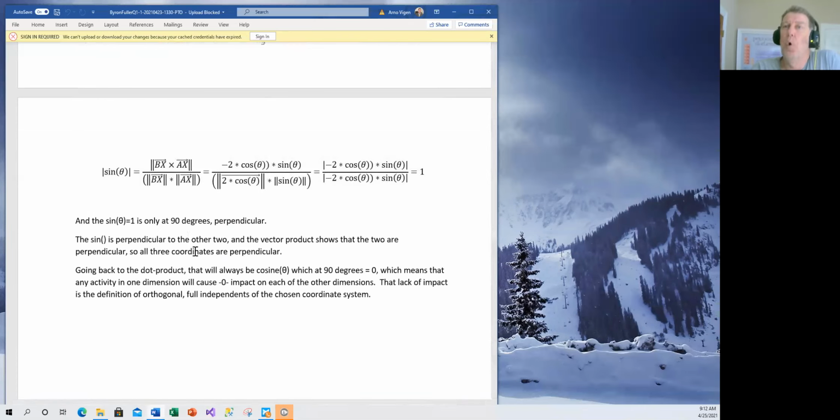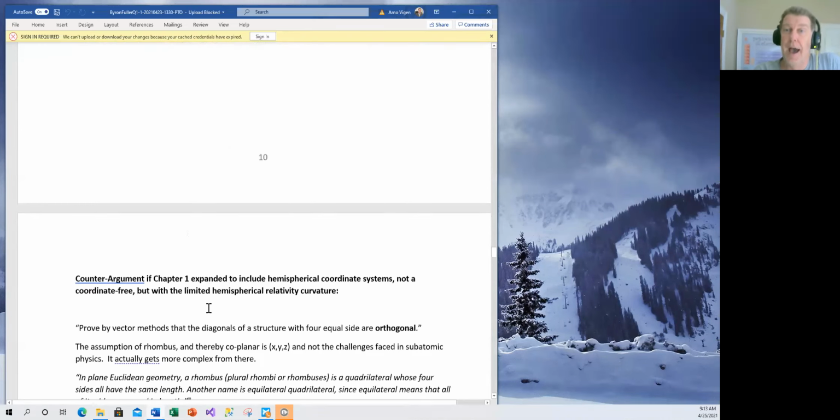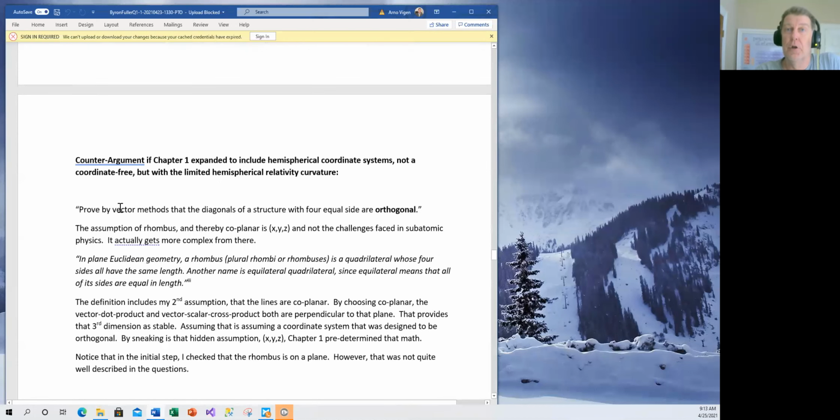I'm asking the more important question. For subatomic physics, is a space where the three sides work in other coordinate systems? Now we get to that better argument. Prove by vector methods that the diagonals of a structure with 4 sides are orthogonal.